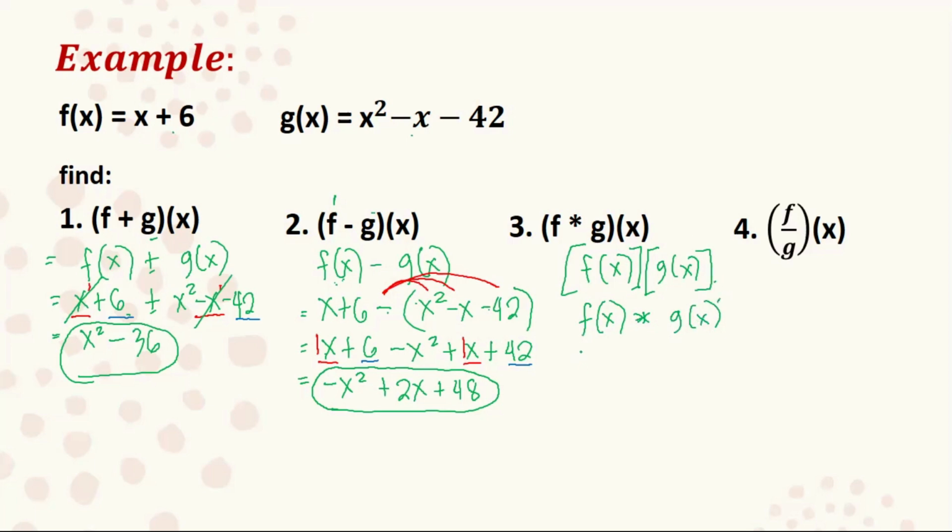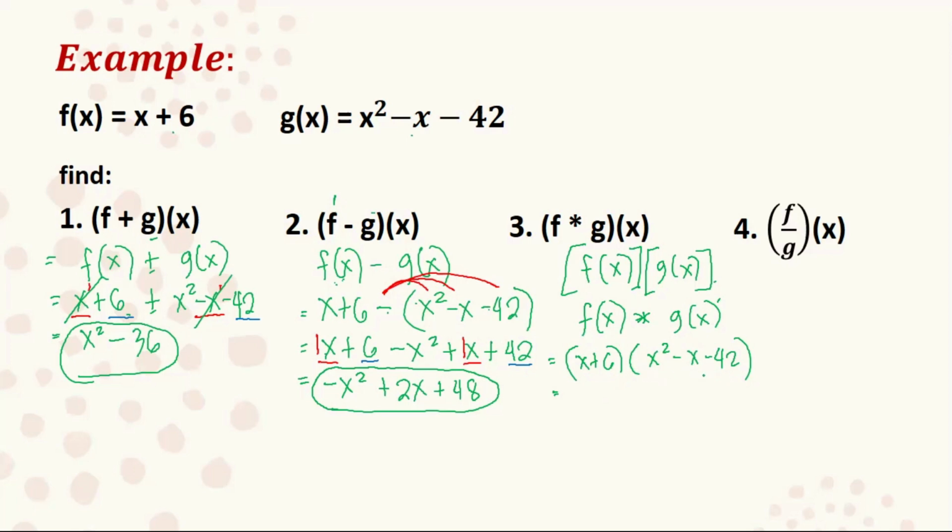Okay, so we copy f of x, which is x plus 6, times g of x, which is x squared minus x minus 42. So, hindi na ako gumamit ng asterisk dito kasi once na may parenthesis naman, both function, the operation is understood to be multiplication of.